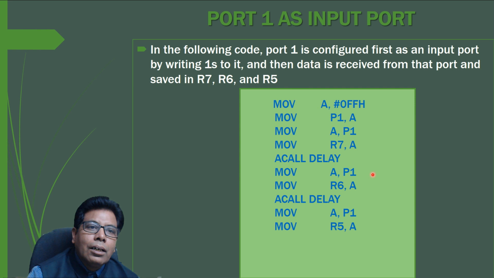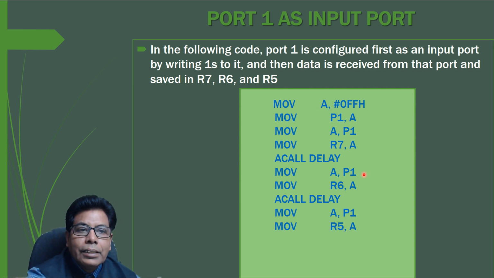Then let us see how we can use port 1 as an input port. In this program, we first configure it as an input port by writing 1s, and then the data is received from that port and saved in the registers R7, R6 and R5.